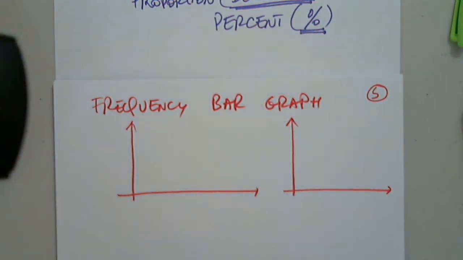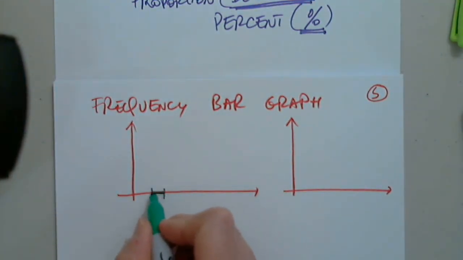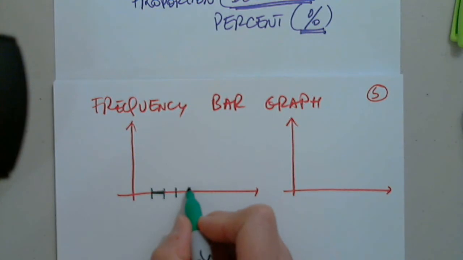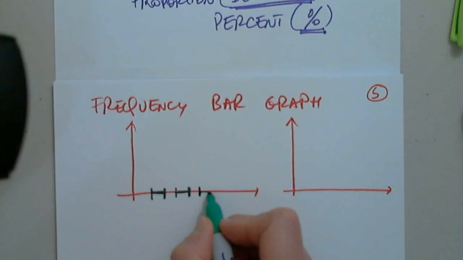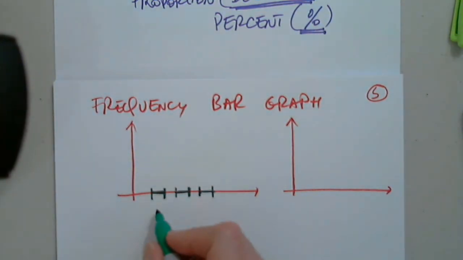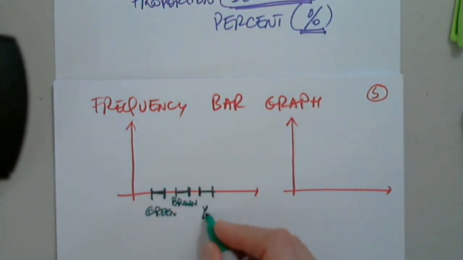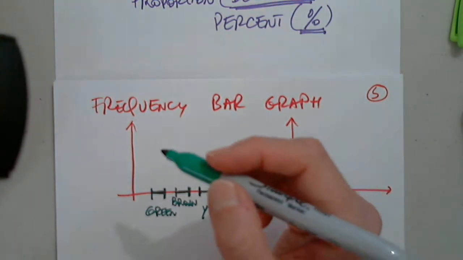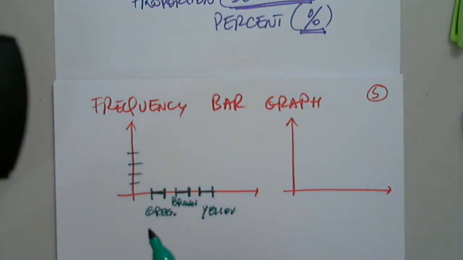I don't like the horizontal ones, but I'll show you both. So I have 3 colors. The bars have to be the same size, even if my graph doesn't appear to be. This is the green, this is the brown, and this is the yellow. I have 3, 3, and 4.